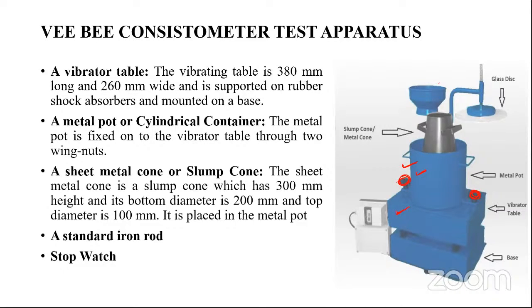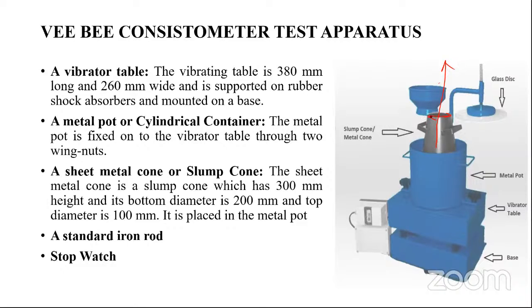Now, after 25 strokes in all the layers, and when we fill this slump cone completely over the top, then we will lift that slump cone, and we will allow the concrete to settle down.